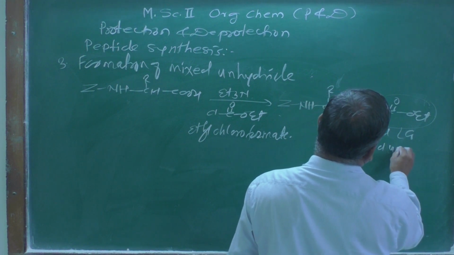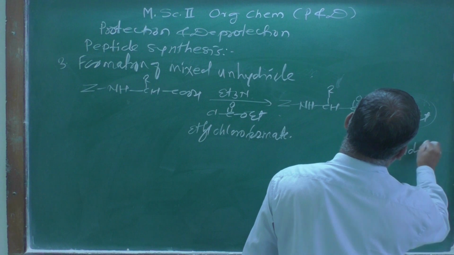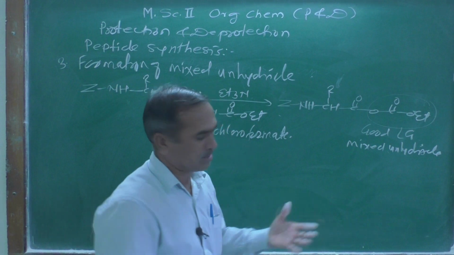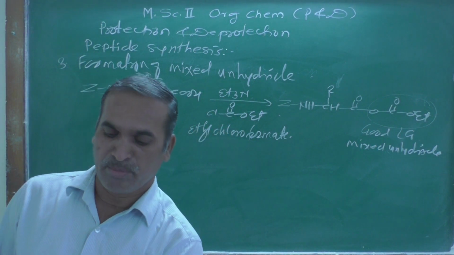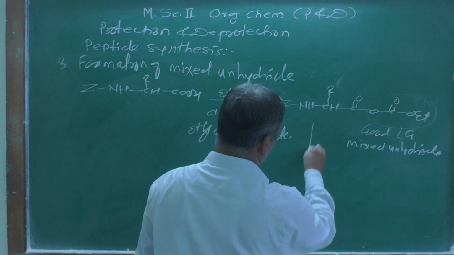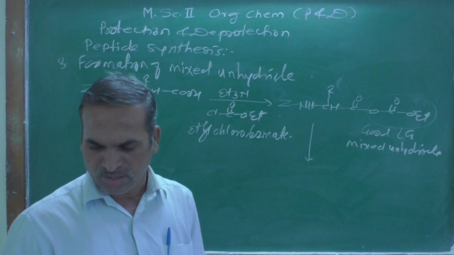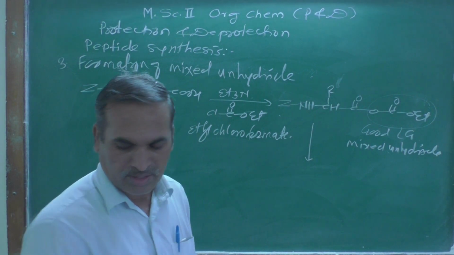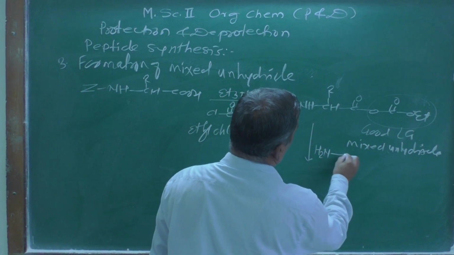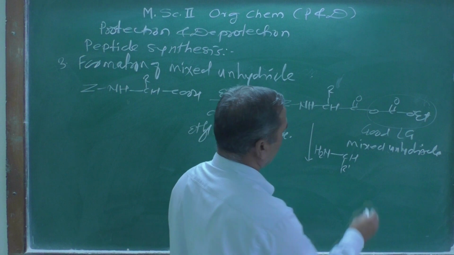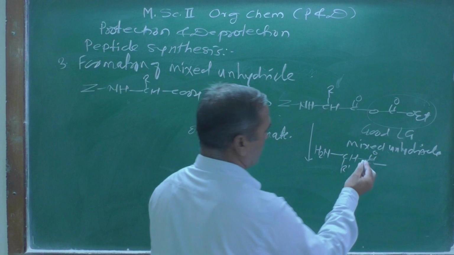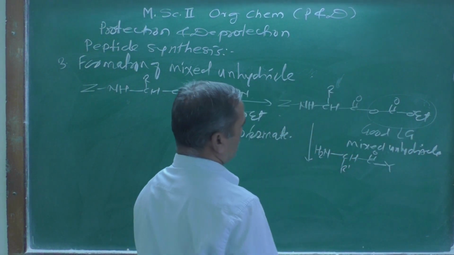It is a mixed anhydride because of C double bond O, C double bond O, Et, and that type of structure is called a mixed anhydride. And when this mixed anhydride is further treated with another amino acid like this one, H2N, then CH, R dash, then C double bond O, then Y, that is the protected carboxylic group.